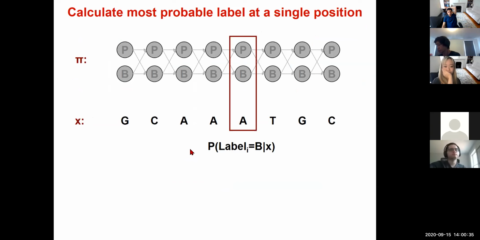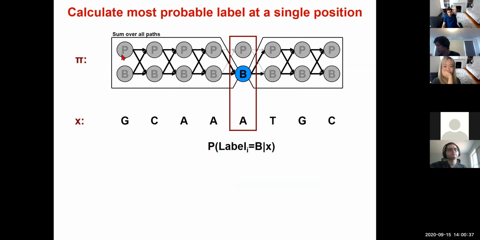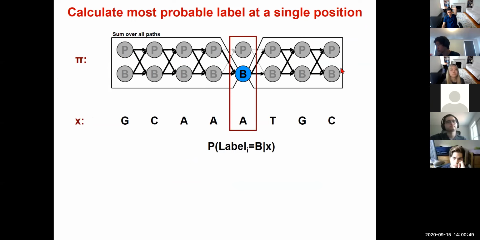So in other words, what we want to do is sum over all paths that go through the sequence and go through this state at that position, and then all of the paths going out of that sequence. So what is the total sum probability of all of the paths ending here?